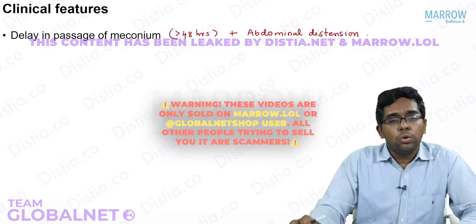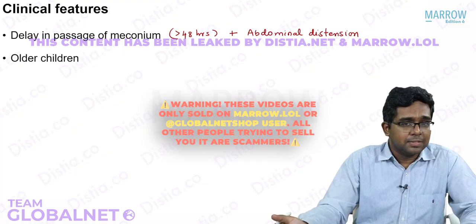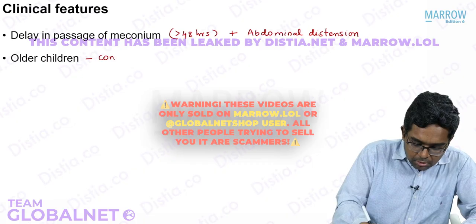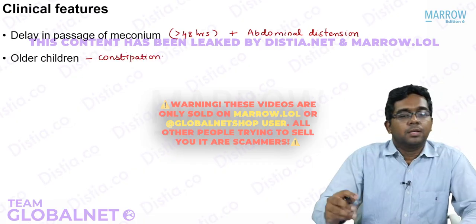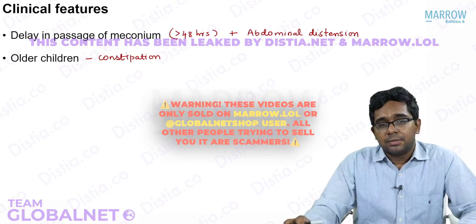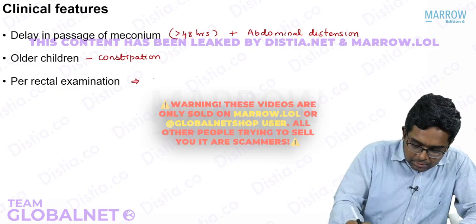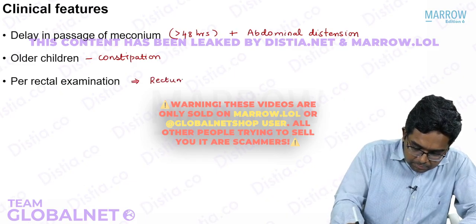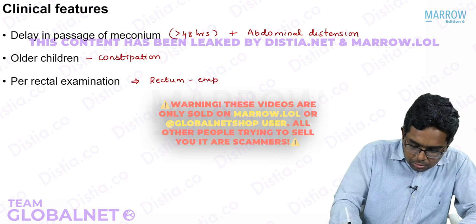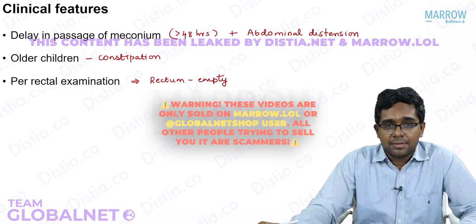Okay, in older children, the presentation is with constipation. Very simple, because the stools are not getting passed, they will present with constipation. In these children, if you do the rectal examination, you will feel that the rectum feels empty because the stools have not come into the rectum because of failure of relaxation.